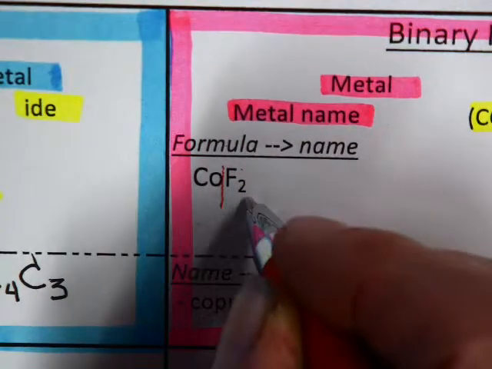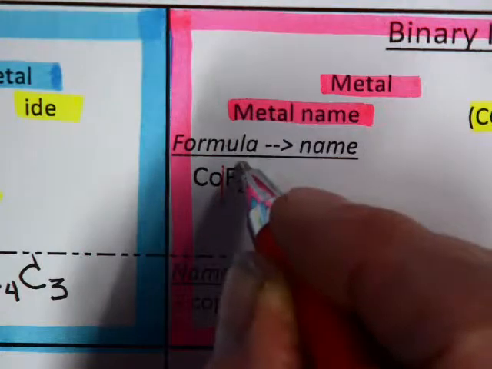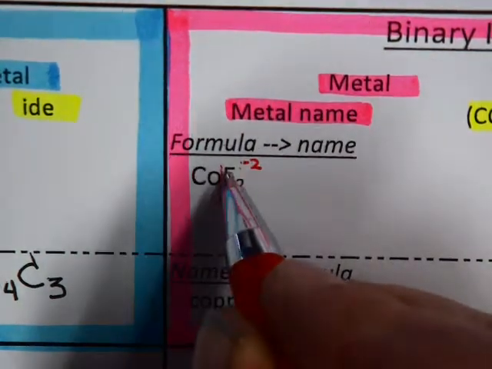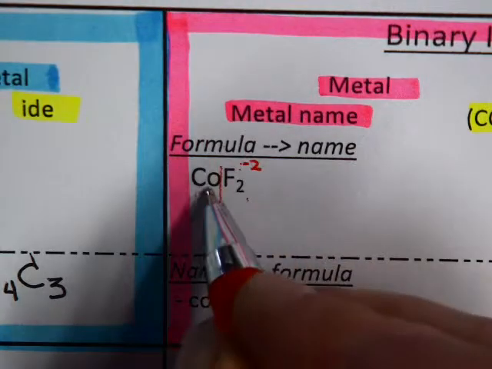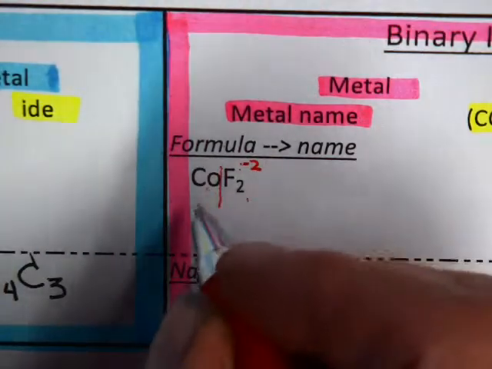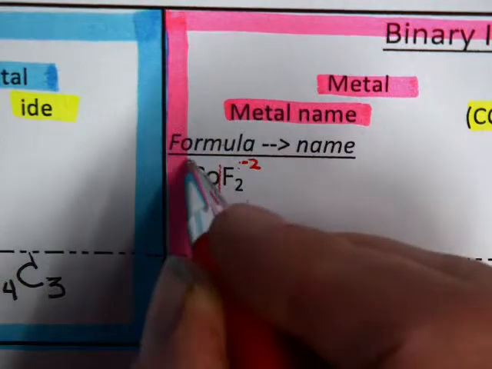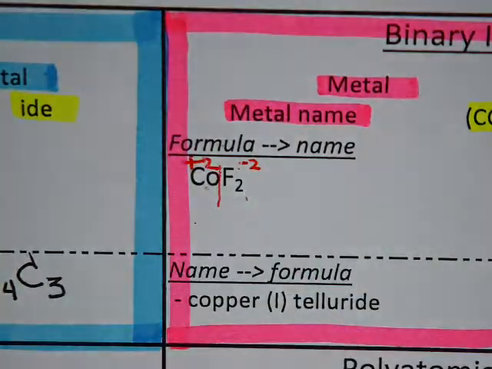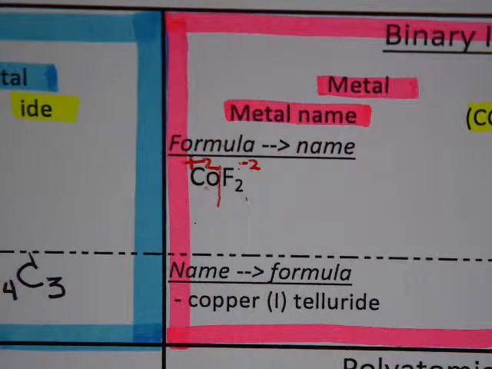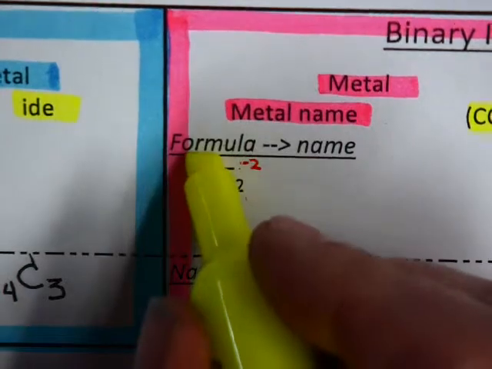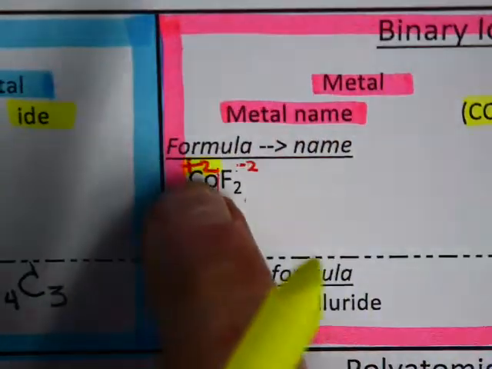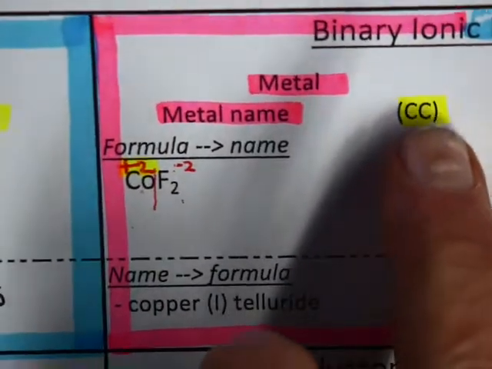So 2 times -1 is -2. There's only one of these, so that means that this guy has to be +2. And this plus 2, I'm just going to do a little bit of highlight here. This plus 2, that is the combining capacity that's going to go there.